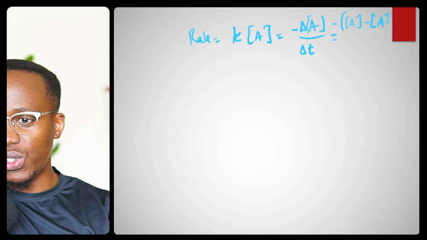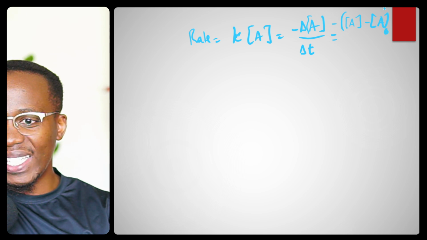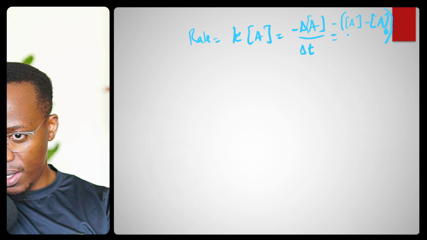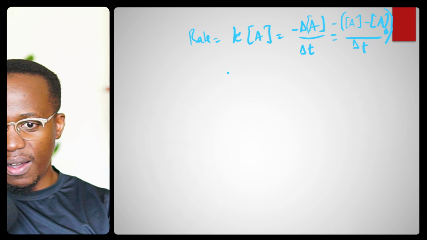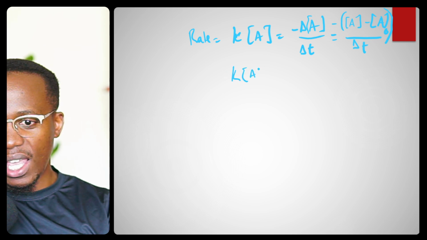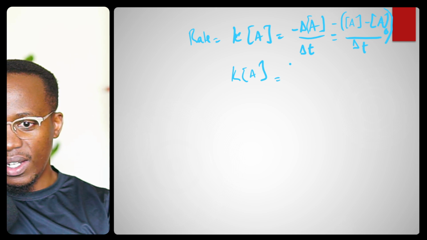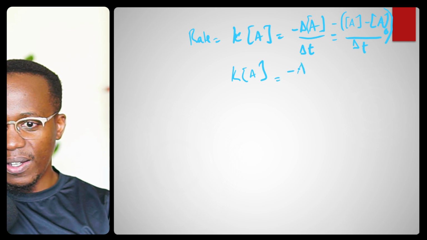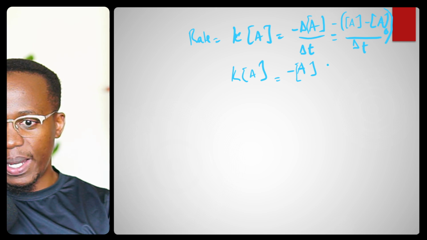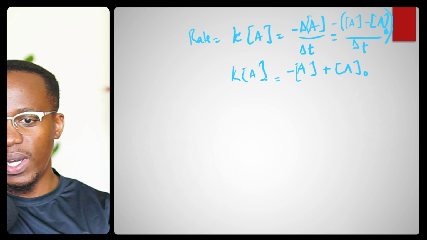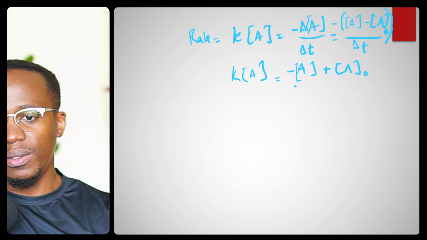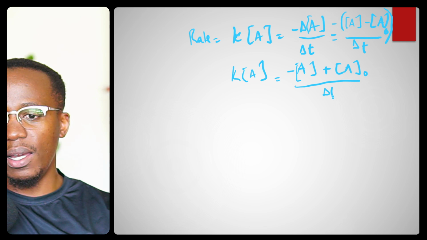So final concentration is [A], initial concentration is [A]0, over change in time. So here we have k times [A] is equal to negative [A], because I took this negative, multiplied that by there, plus [A] initial, over change in time.